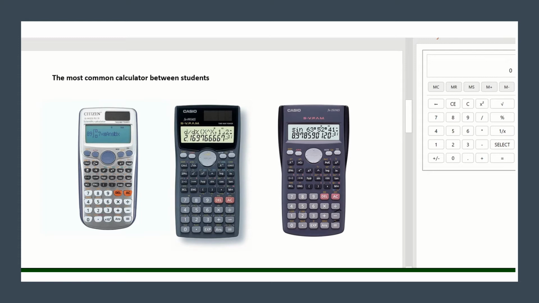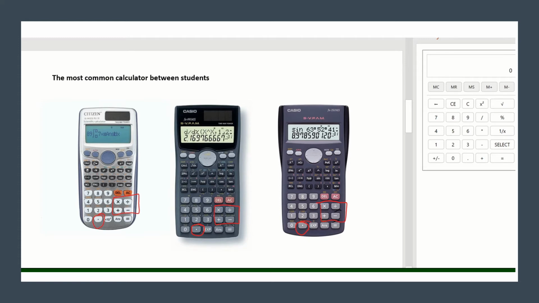So don't freak out if you have a different model, because what is important for us is these four operations. As you can see, we can find them in all calculators, in all models, and I need you to focus on this small button, which is the point. This will make a huge difference in the numbers.